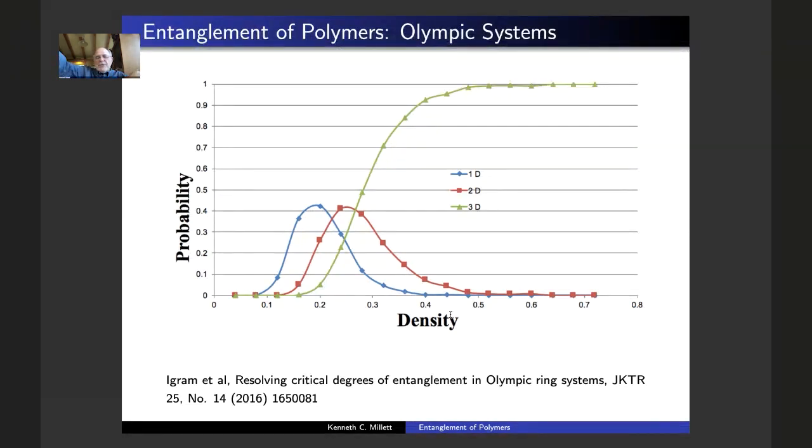They had a one-dimensional structure, but they're all separated. And as the density increased a little bit more, you would get a kind of laminar structure, where you've got sheets of lasagna and you're laying those next to each other. And then finally, the whole system being entangled.